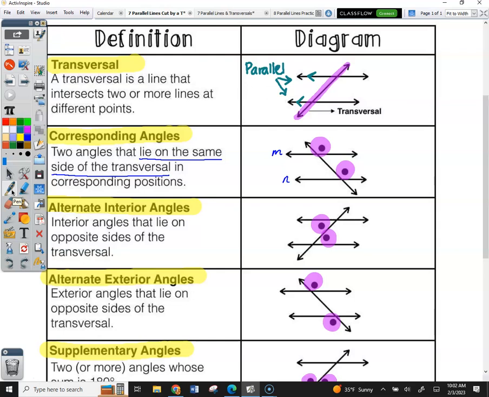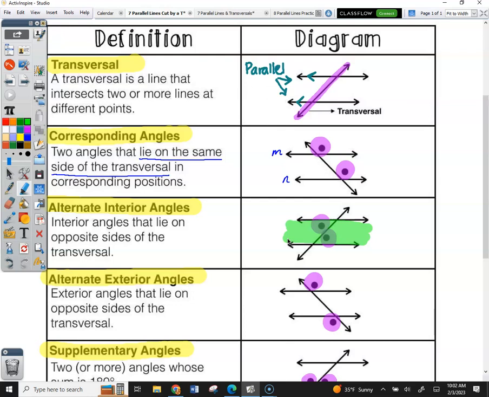When we say alternate interior, here's what we mean by that. If these parallel lines were like the actual railroad tracks, then this would be considered the interior, right? That's where the train is actually sitting. Do you see that? You with me, Liam? Okay, so the interior, meaning it's inside the parallel lines.